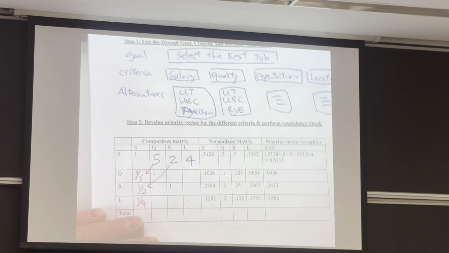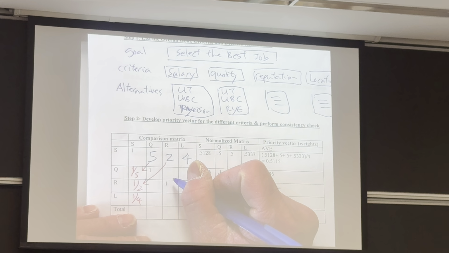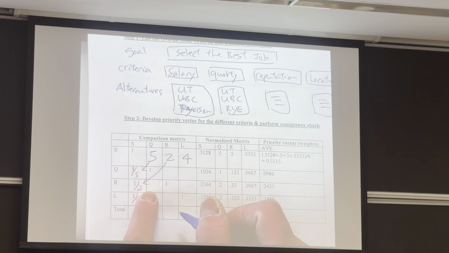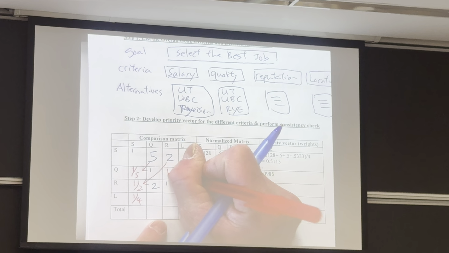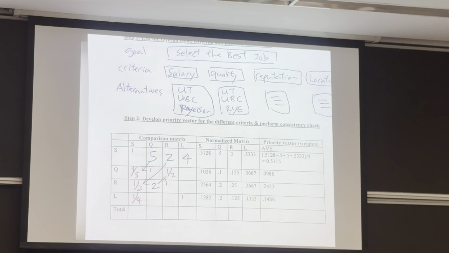So we basically do this, and I will simply fill in the rest. Reputation to quality is 2, and so quality to reputation will be 1/2. I will complete filling in the rest of the values that are given.